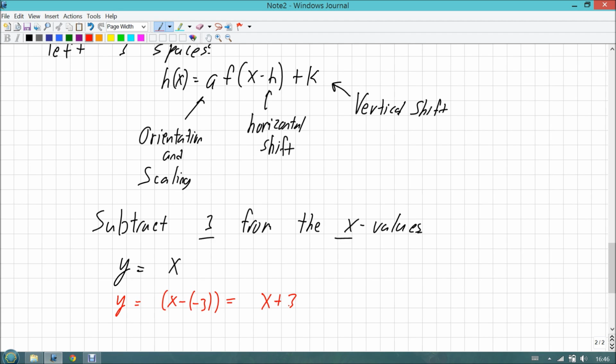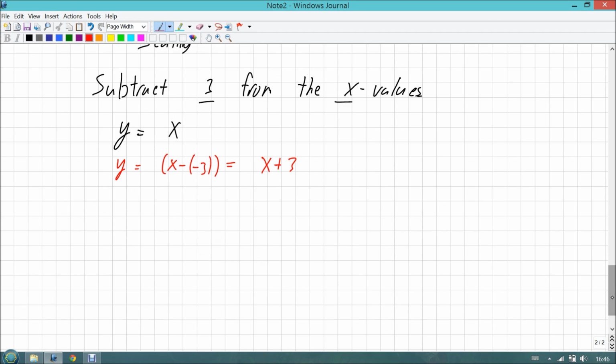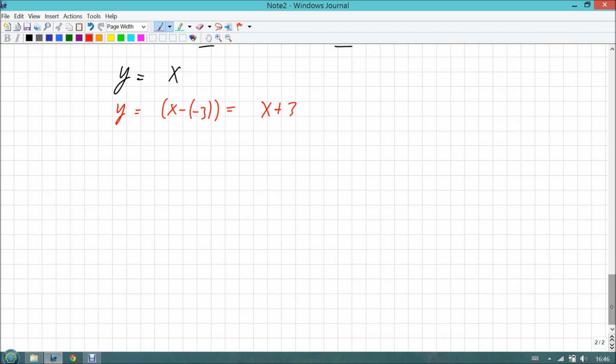Now I know what you're thinking. This is really confusing. Why is it that when I want to go to the left, I subtract, and when I want to go to the right, I add? Well, you can kind of think of it like being at an airport or being in an airplane, right? If you are inside of your hangar bay and you're in your little airplane, do you really want to go up, up, and away?